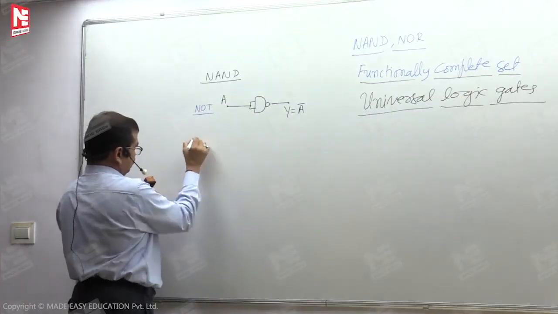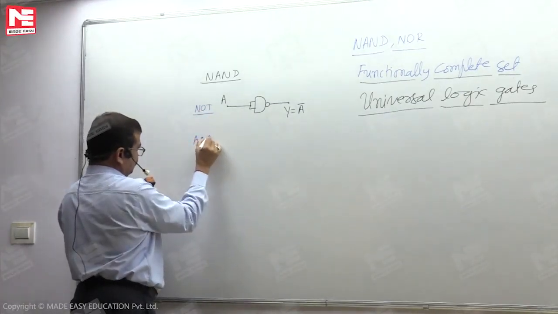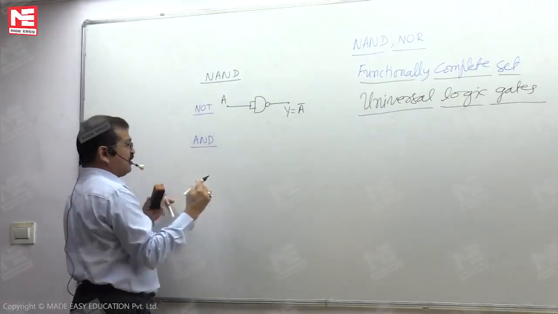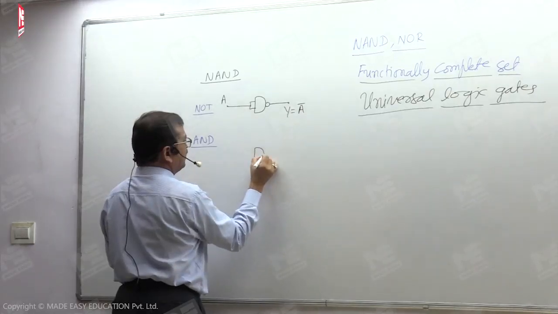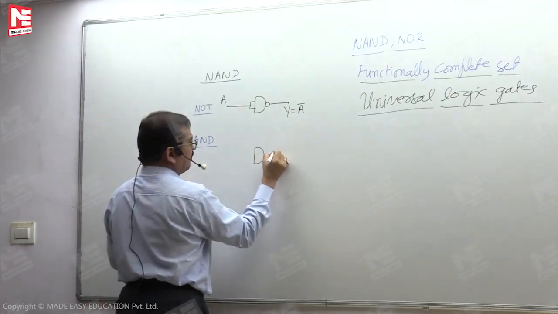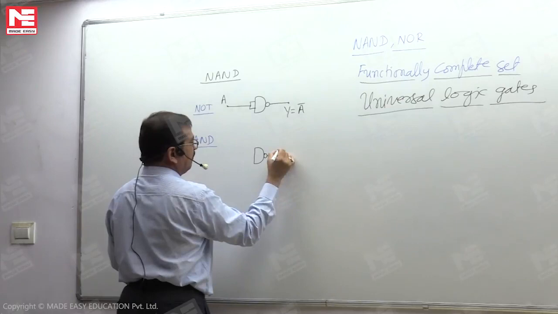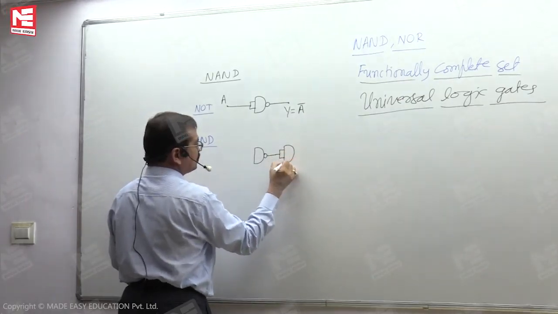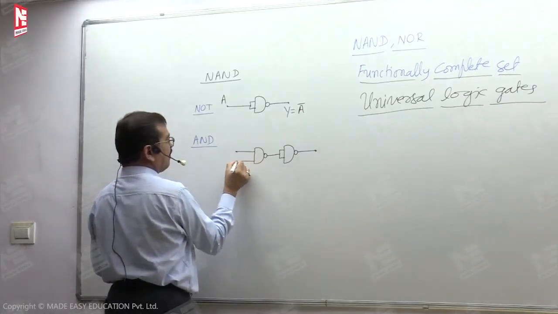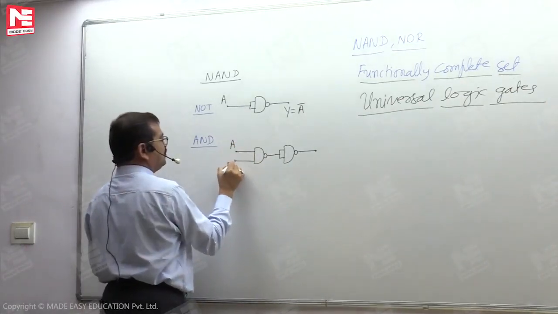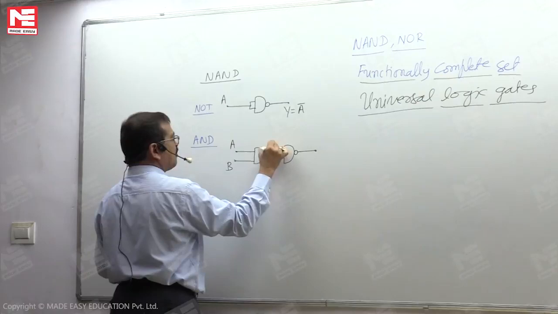Now for the AND operation, we use two NAND gates. The second NAND is used as an inverter. This is A, this is B, and this is AB complement.